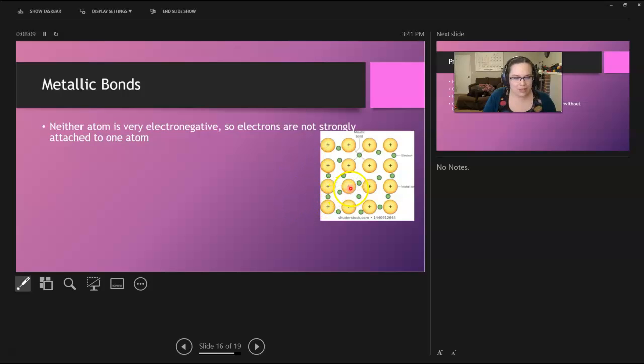We have our positively charged nuclei in regular spacing, but the electrons are sort of floating around. It's called the sea of electrons model. This is one of the reasons why metals are such good electrical conductors: they have all these electrons moving around, which allows electricity, moving electrons, to flow more easily.